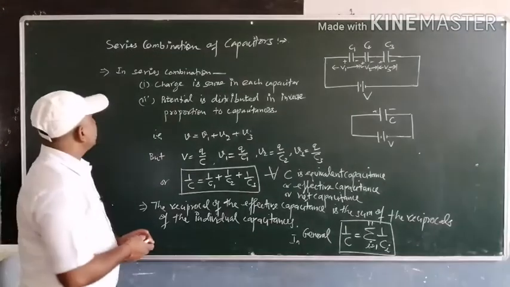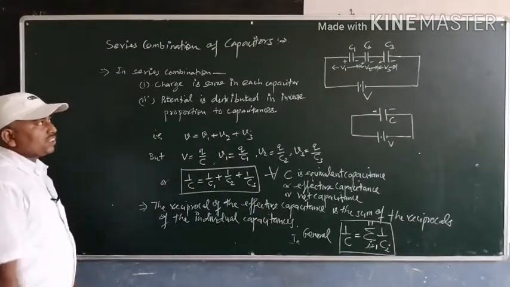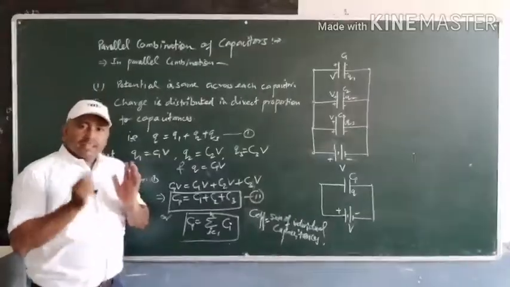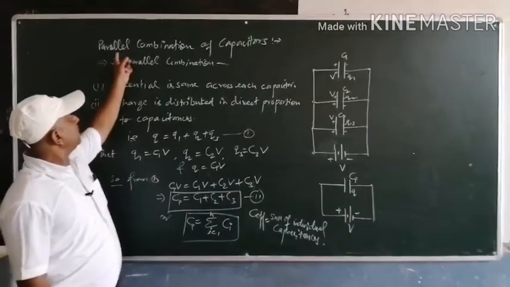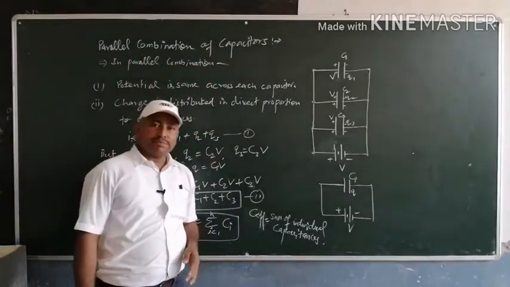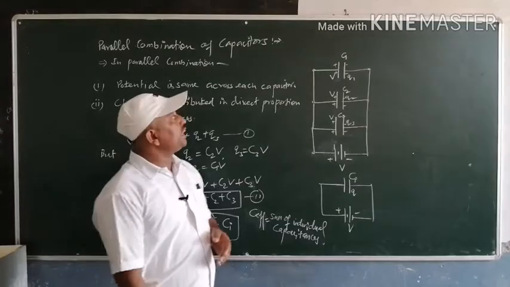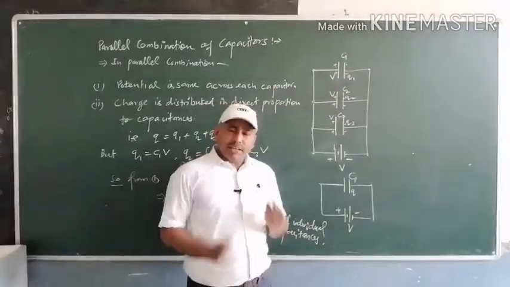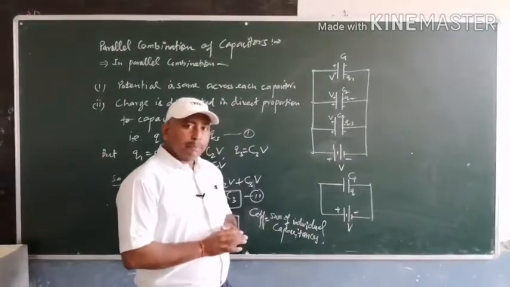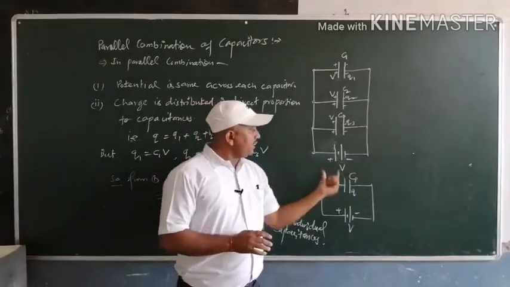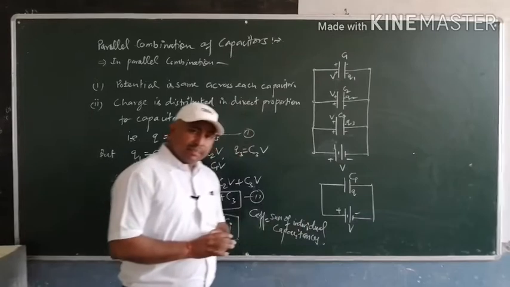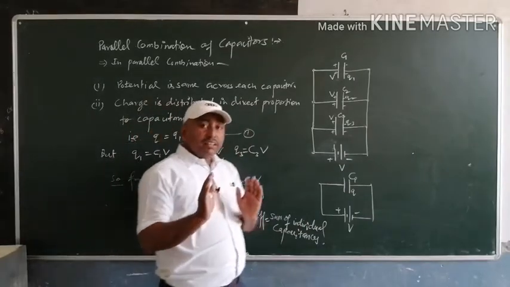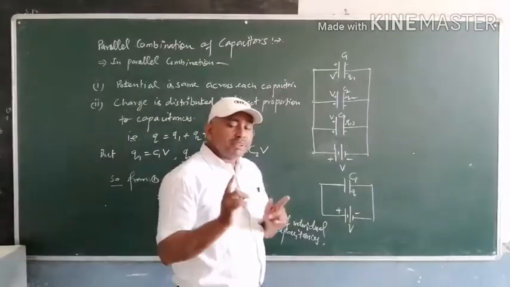Now let us come to the next topic, the parallel combination of capacitors. Suppose that we have three capacitors whose capacitances are C1, C2 and C3. If they are connected in parallel with a battery of potential V, then the potential across each capacitor will be the same.